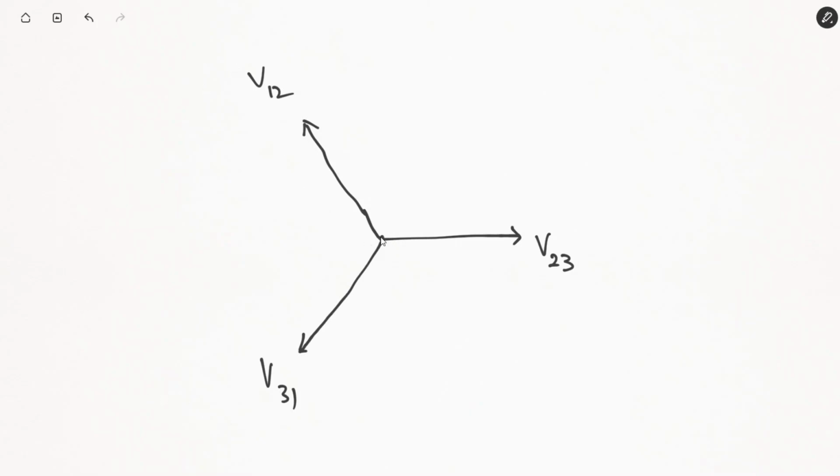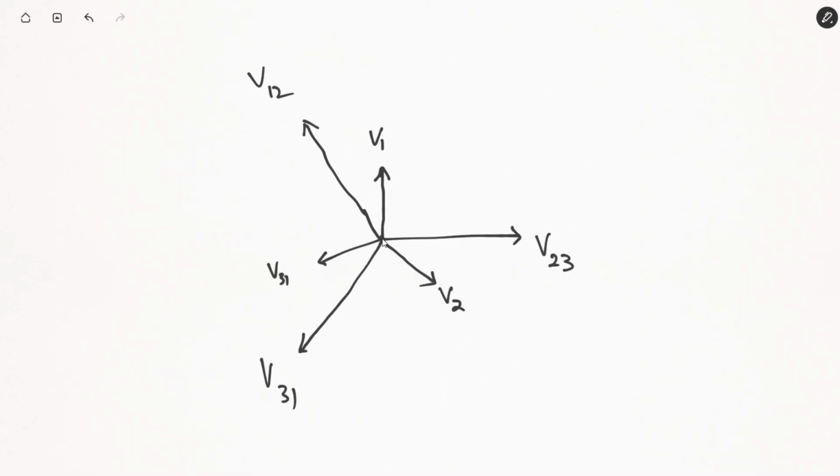Accordingly, you can say the phase voltage V1 will be at 30 degrees to V12, V3 will be at 30 degrees to V31, and V2 will be at 30 degrees to V23.